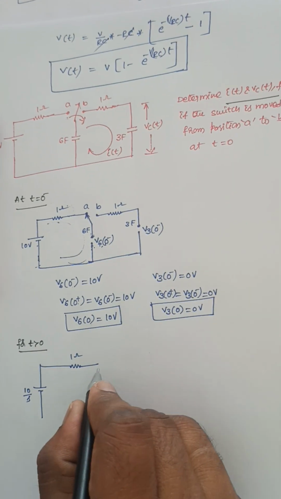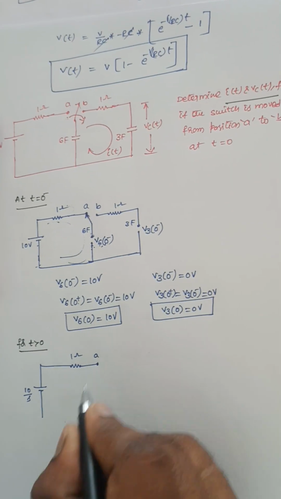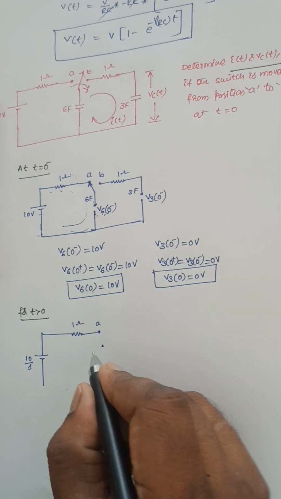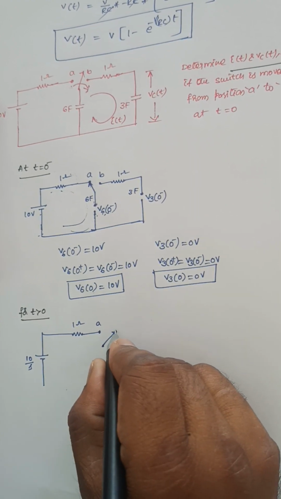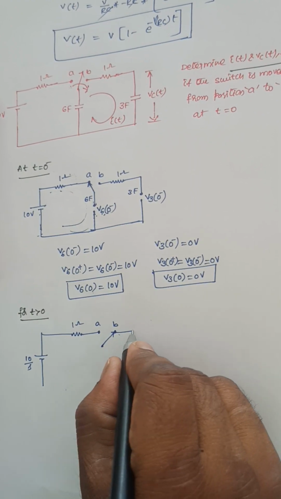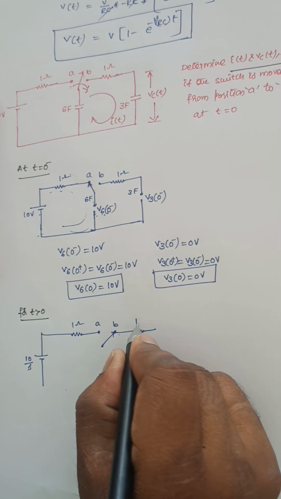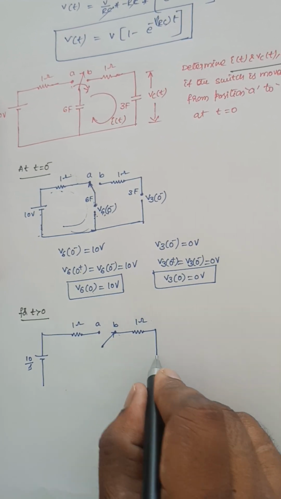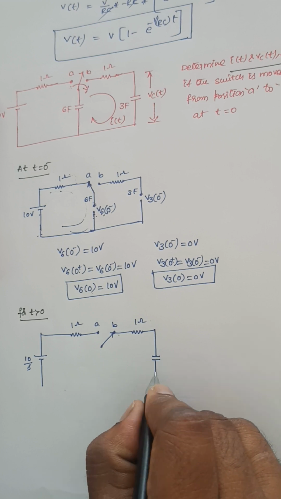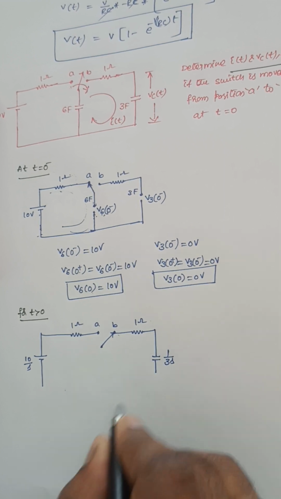This is position A and this is position B. This is the resistance of 1 ohm, and here this is 1 by Cs, where the C value is 3 here.